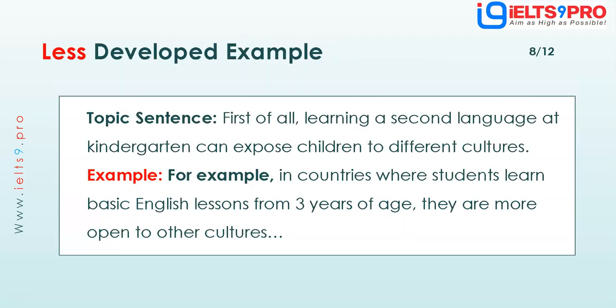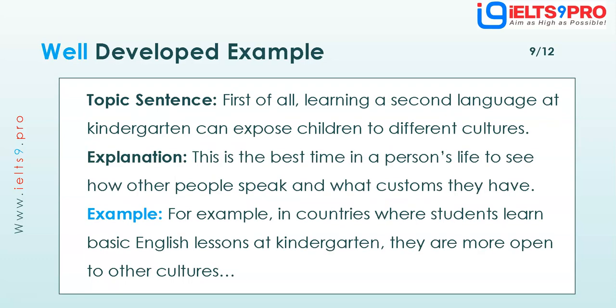Let's take a look. So, you can see here, main idea: can expose children to different cultures. Explain it: students learn basic English lessons from 3 years of age, etc. Let's take a look at another one. 1, 2, and 3. Yeah, you can see that. Pretty straightforward stuff. That's a good, well-developed example, which is what the criteria actually says.